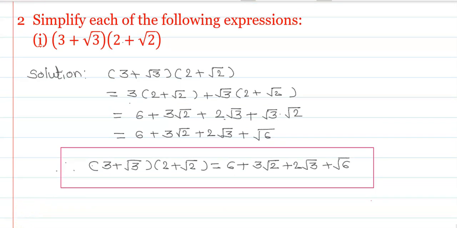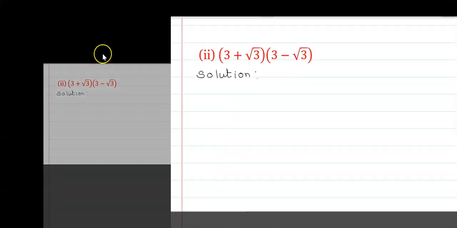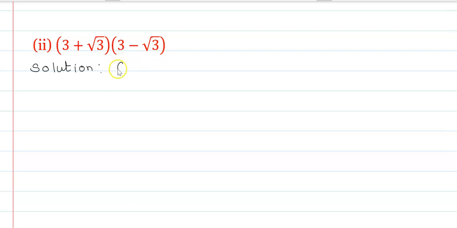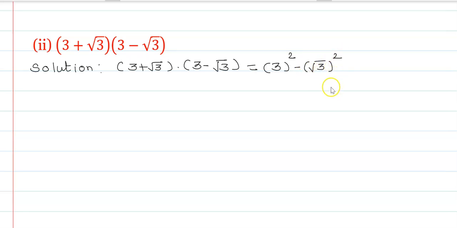Next example, in bracket 3 plus root 3 into 3 minus root 3. See this here: 3 plus root 3 into 3 minus root 3. What is here? A plus B, A minus B. By using that formula, here 3 square minus bracket root 3 square.